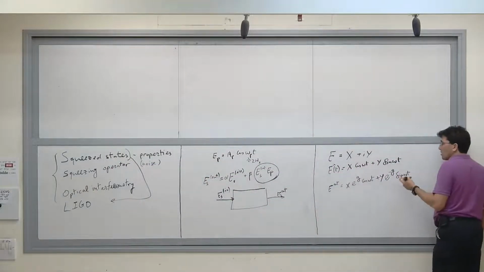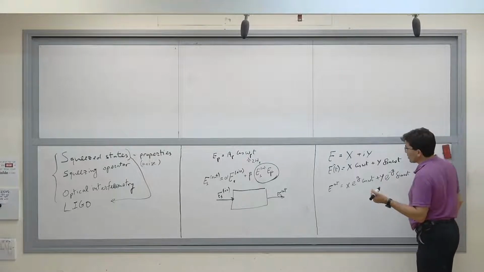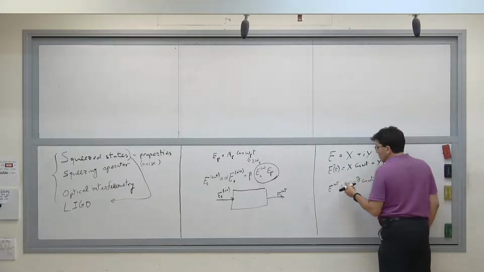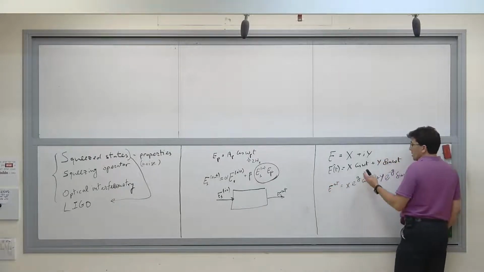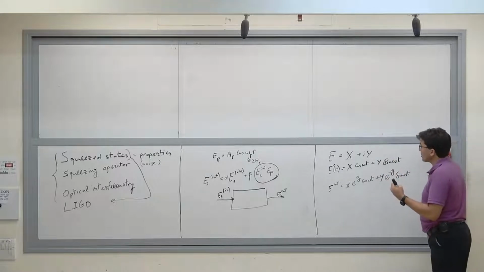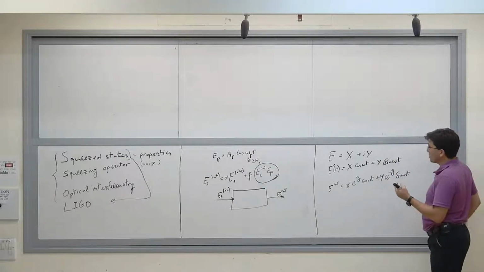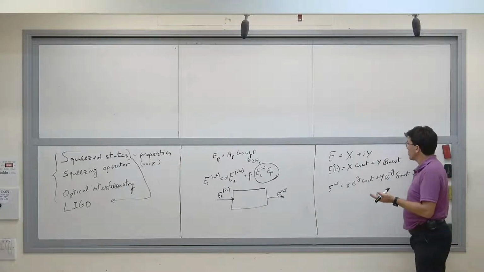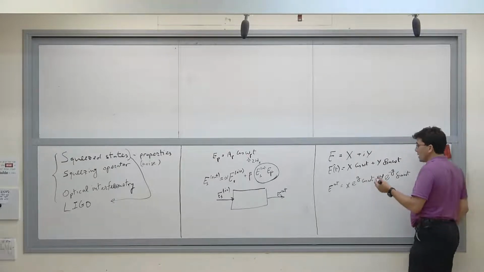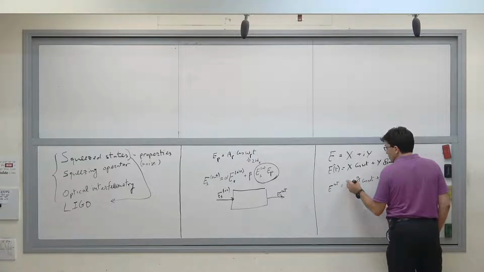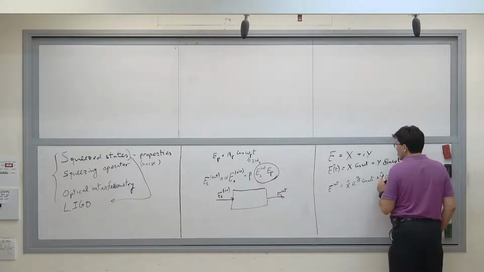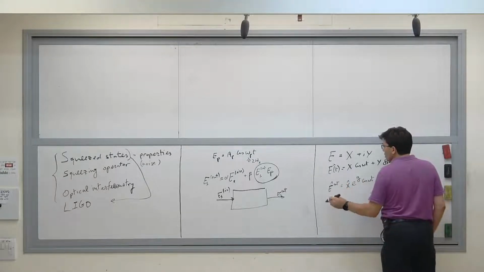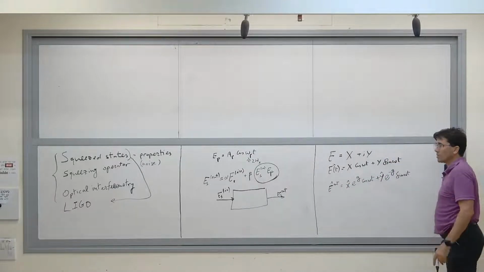But as we said at the end of our last meeting, all of this is perfectly true, and if the field that comes in is quantum, then everything remains the same. It's just that these are the x and y operators, and this is the electric field operator at the output.